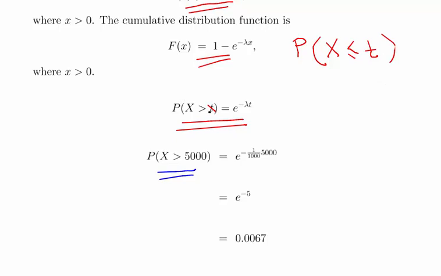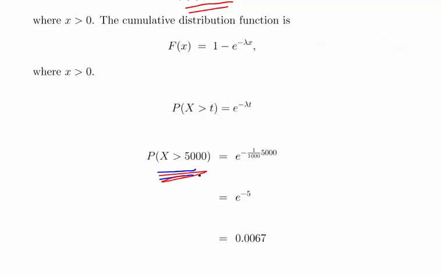Sorry, I actually used two different terms there, x and t, but it doesn't really matter. I'm mixing up my notation. Anyway, the probability of X greater than 5,000 is equal to e to the minus lambda t, and we already know that lambda is equal to 1 over 1,000.